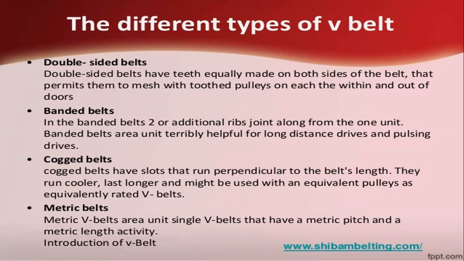Second one is the banded belts. In the banded belts, two or more ribs joined along from one unit are used. That is used in the banded belt drive, and the banded belt drive unit is very useful, helpful for long distance drives and pulsing drives.